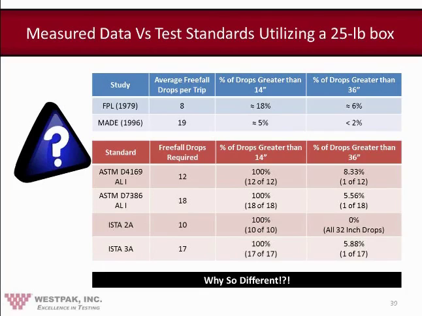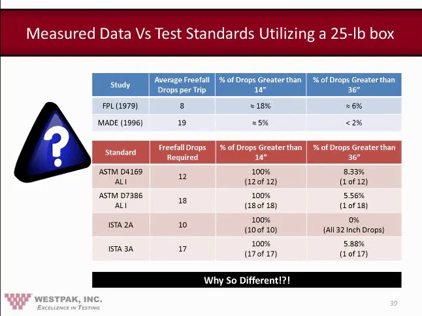The Maid Study is much more up to date, just because it happened 40 to 50 years later, and the 14-inch drops dropped from 18% to 5%, and the 36-inch drops dropped from 6% to 2%. Now, when you're designing a package or when you're testing to a standard, let's see how these numbers compare.